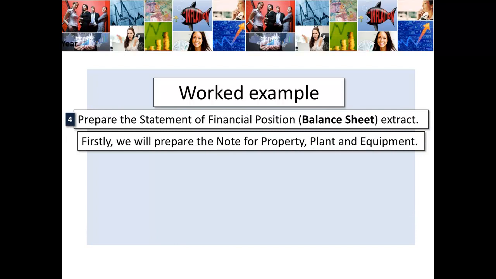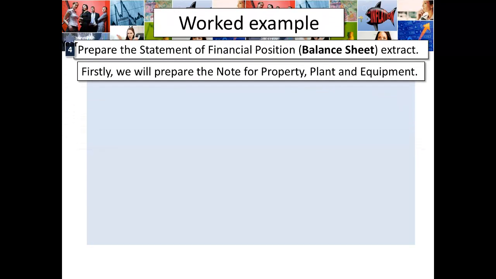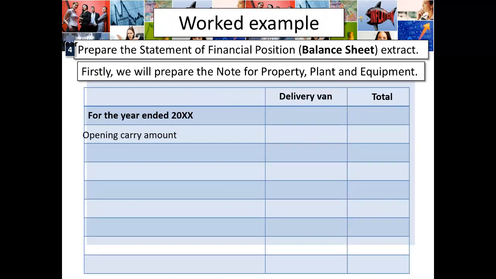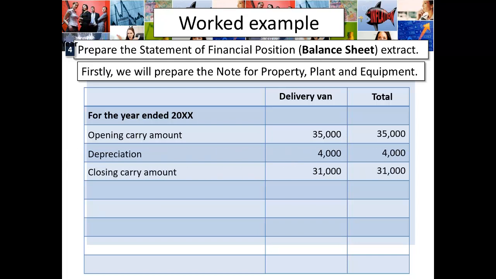The statement of financial position, our balance sheet. We're going to prepare a note for property, plant and equipment. So the opening carrying amount, delivery van $35,000, depreciation $4,000, closing carrying amount of $31,000.